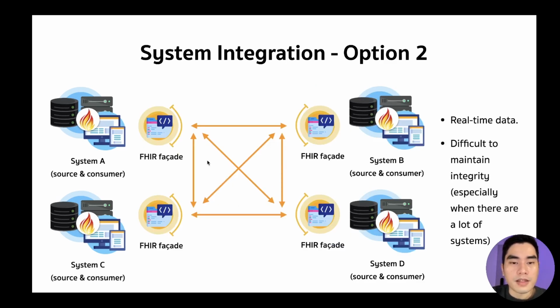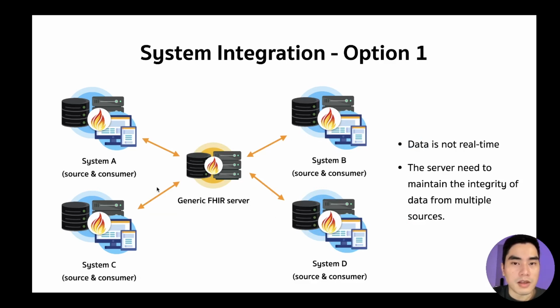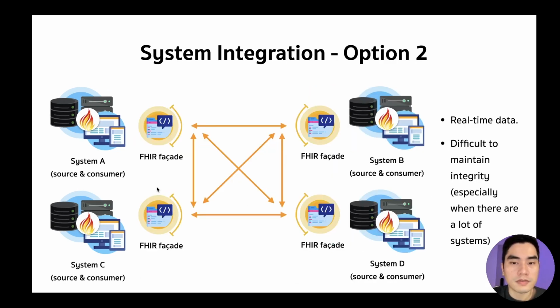So this approach may be possible if the number of systems is not so high, but if it's like 100 systems, then this one may be a better option. So that is the example architecture.